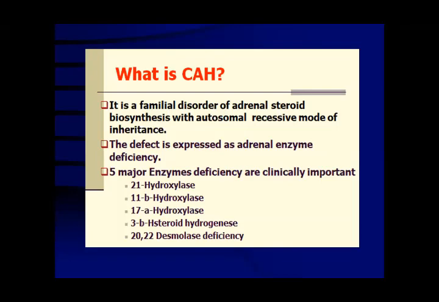So 5 major enzyme deficiencies are clinically important. This is 21 hydroxylase, the most important one, 11 beta hydroxylase, 17 alpha hydroxylase, 3 beta steroid dehydrogenase, and 20,22 desmolase deficiency. These are the 5 enzymes responsible for the biosynthesis of these hormones.